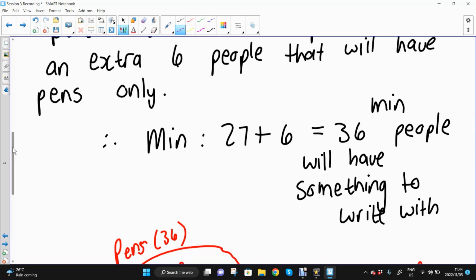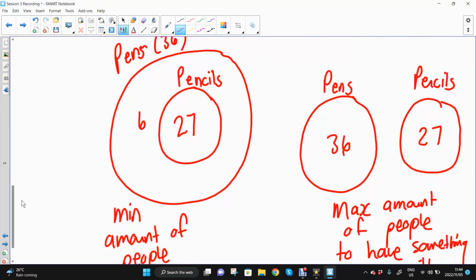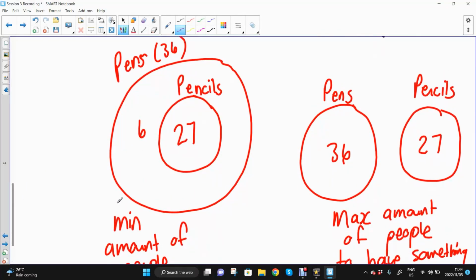Now, another way to look at this is to use a Venn diagram. That's not in your syllabus yet, but it's very easy to understand if you look at it visually. I drew a big circle, and inside this big circle, I'm calling this all the people with pens, and you can see that is a total of 36. Inside of this circle, there's a group of people that have pencils, and they might also have pens.